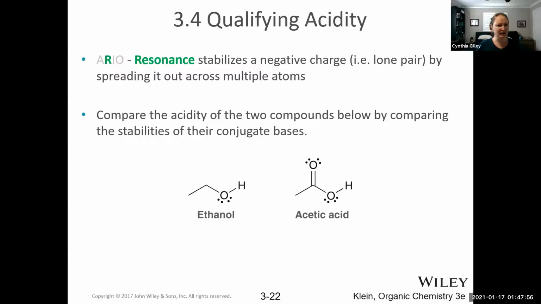Okay, the second factor is resonance. Right? Resonance also stabilizes a lone pair and also the charge associated with that by spreading it out across multiple atoms. So if we wanted to compare the acidity of ethanol and acetic acid, what we're going to do is end up comparing resonance.